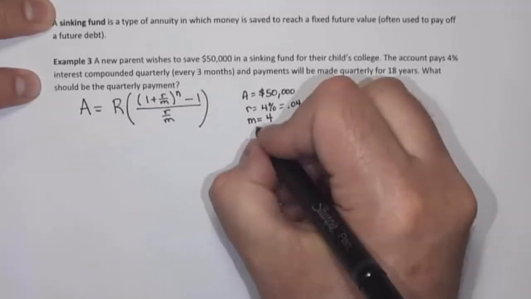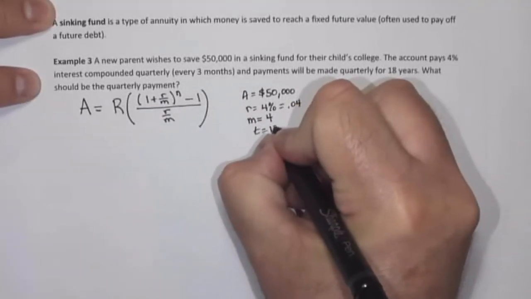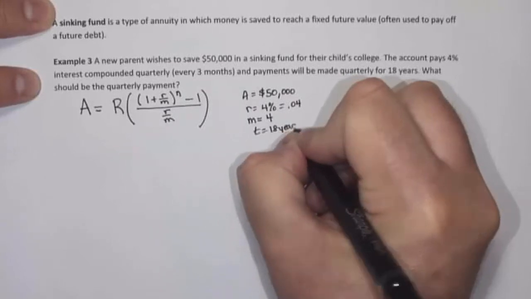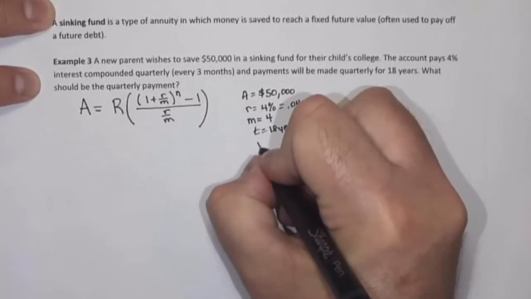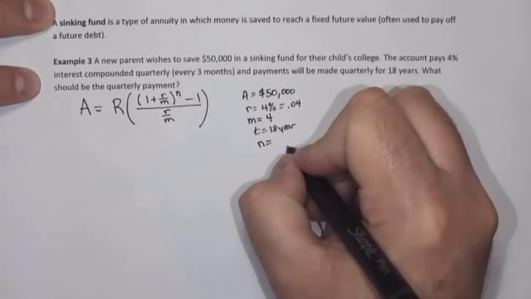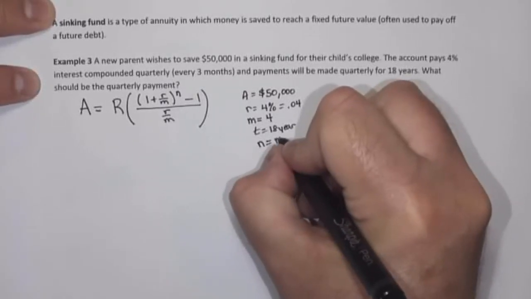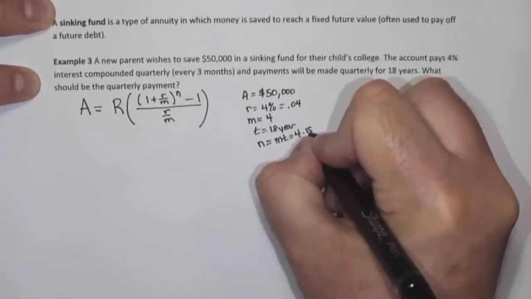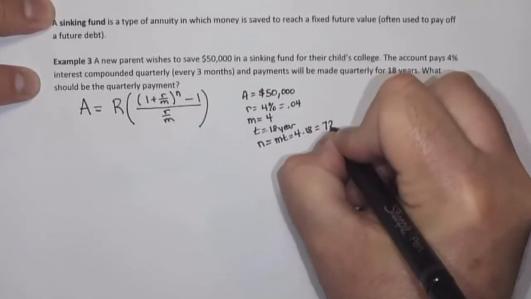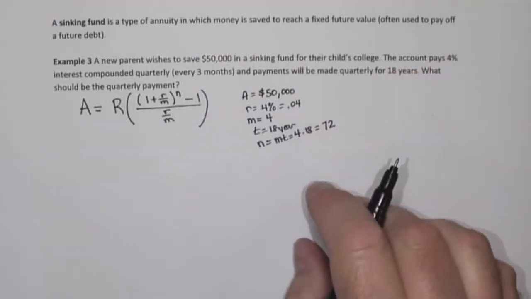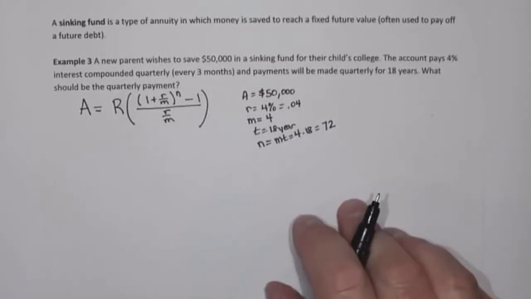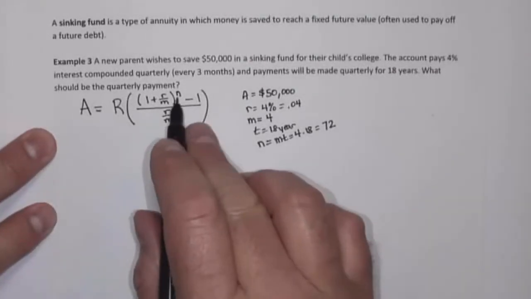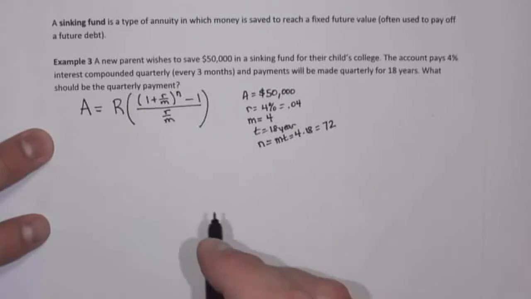Now I also know that I'm doing this for 18 years, so the time is 18 years, so the number of times that we're going to compound the interest is going to be M times T, so that's 4 times 18 in this case, which is 72. So we're going to compound the interest 72 different times. That's N in our formula.